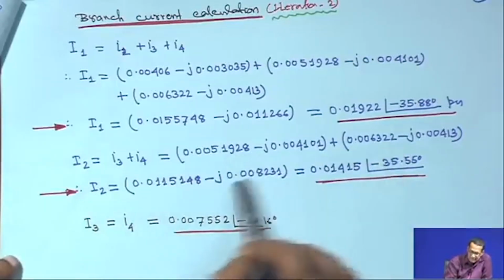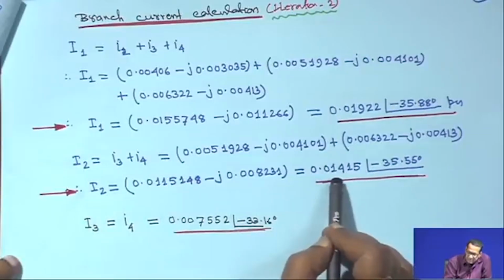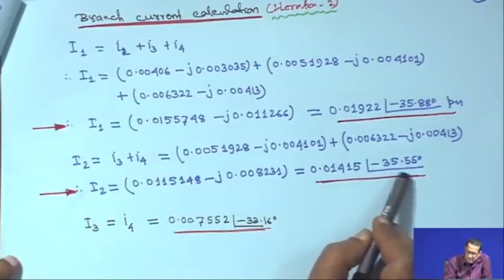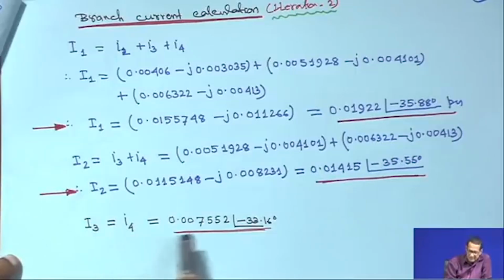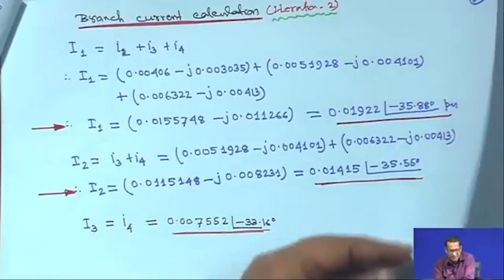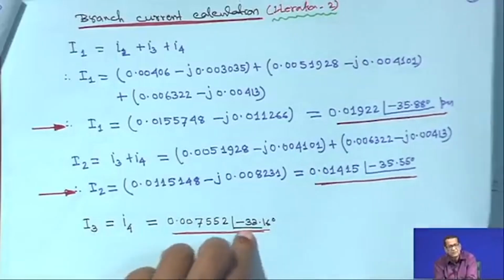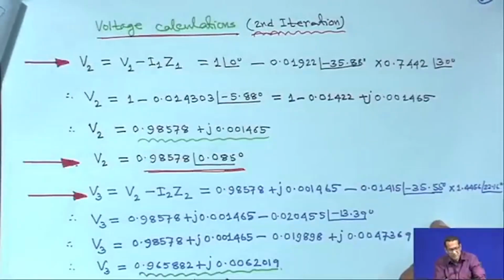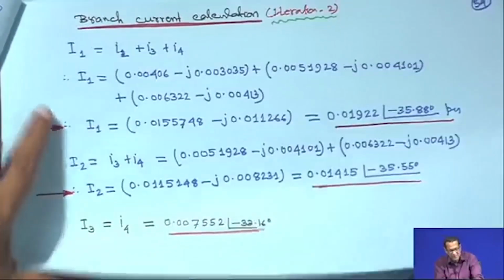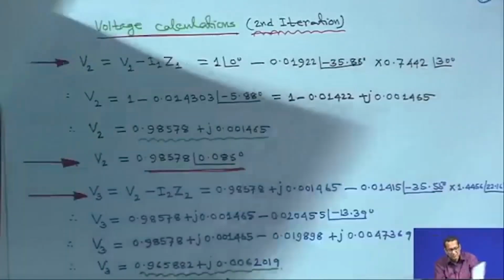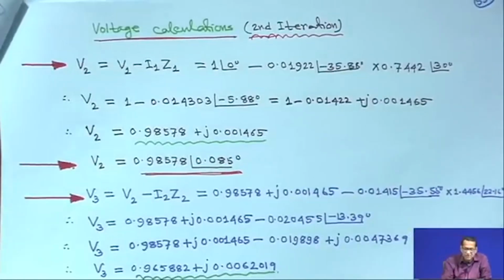You substitute and simplify, and it will become 0.01415 angle minus 35.55 degree. And the last one, I3, is at the last node. As I told you earlier, I3 will simply be equal to I4, which is 0.00755 angle this one. So, all these capital I values in the second iteration we have got. With these we have to proceed to the voltage calculation.